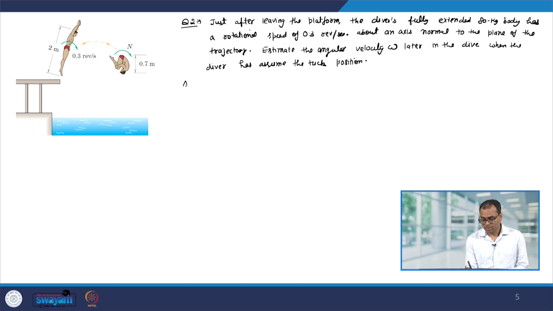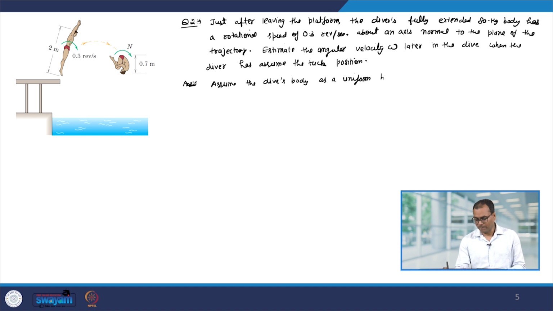Okay. So, here we can assume the diver's body as a uniform bar in the first case, and the sphere in the second case.